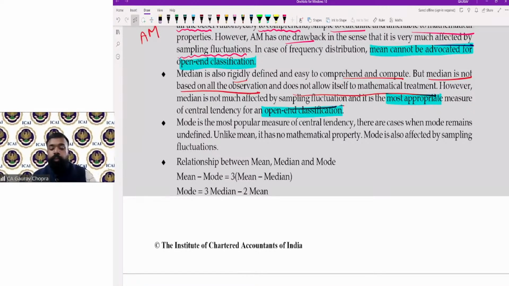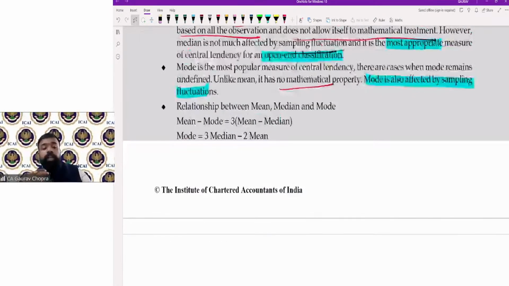Then the next one is mode, which is also one of the popular measures of central tendency, but mode also gets affected by sampling fluctuation. Mode has no special properties and it also gets affected by sampling fluctuation. Then the relationship we had covered: mean minus mode is 3 times mean minus median.